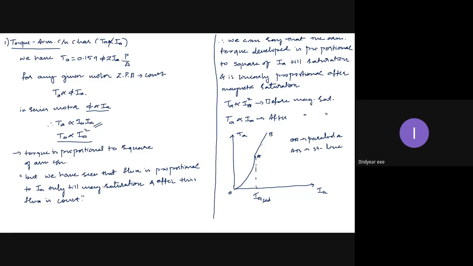Then even this TA proportional to Ia sometimes may not be valid, because when energy conversion stops after magnetic saturation, there is no meaning of operation of the motor. So practically, always the motor is operated below magnetic saturating point.